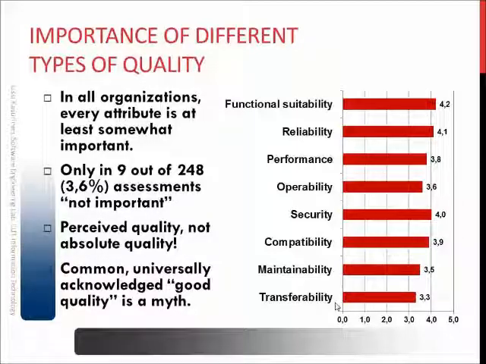But there was also a possibility to say that this doesn't apply to us. So we don't consider this attribute to be important at all, outside the Likert scale. But it's still only 9 out of almost 250 assessments said that this attribute, like transferability from one platform to another, isn't actually important to our software.